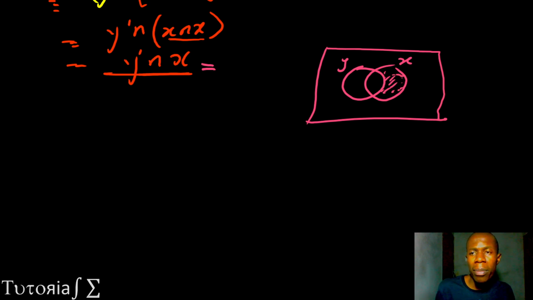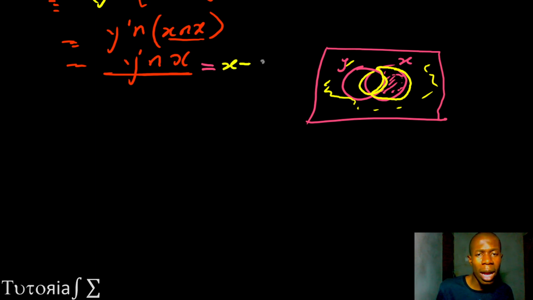Now y prime and x, what do they have in common? They have this part in common, which is basically equal to x minus the intersection of y and x.